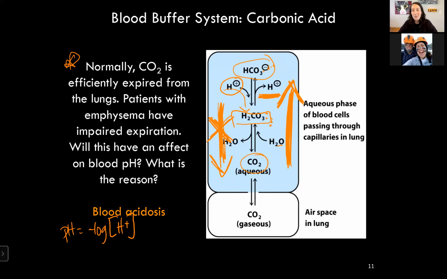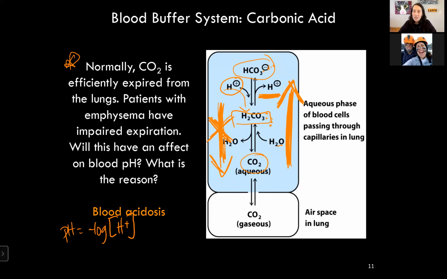That depends on the pH of your blood. A whole slew of problems can happen if you can't efficiently get rid of the carbon dioxide that's being carried through your blood.